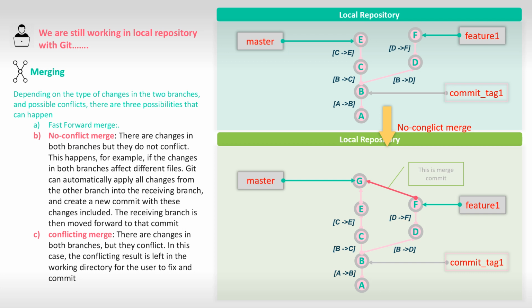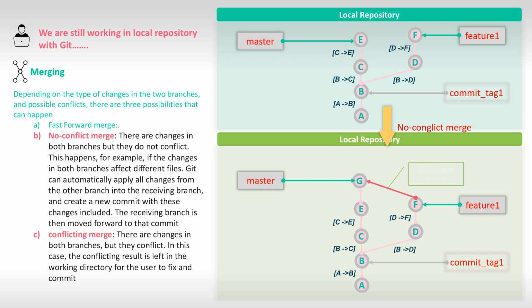If there are changes in both branches, and the changes are conflicting with each other, in that case the result we get is a conflicting merge. In that case, Git leaves the conflicting result in the working directory for us to fix and commit.